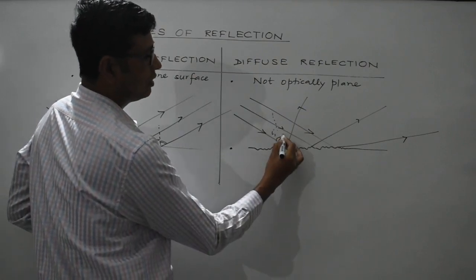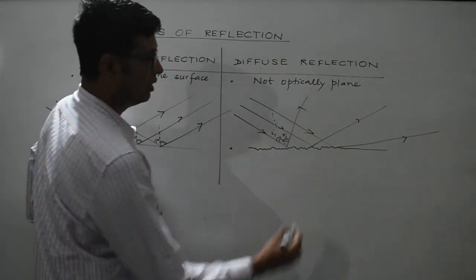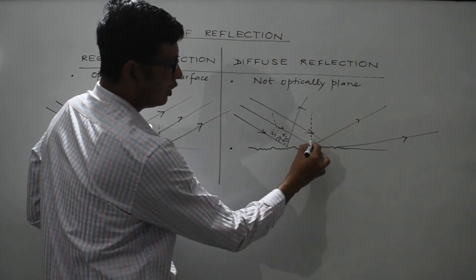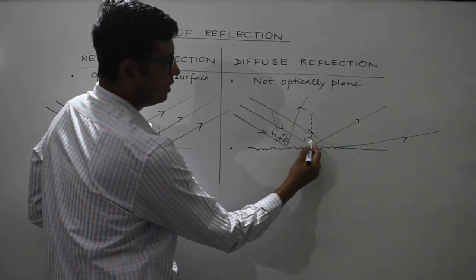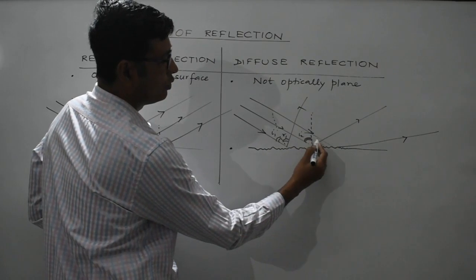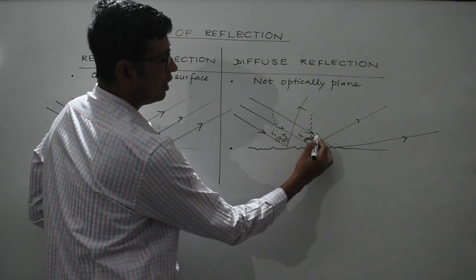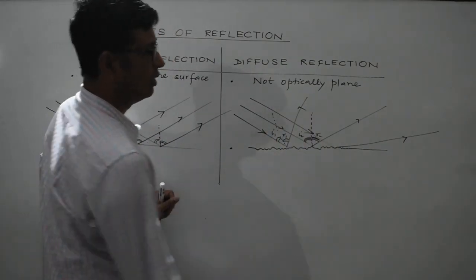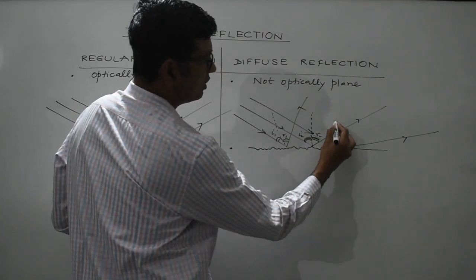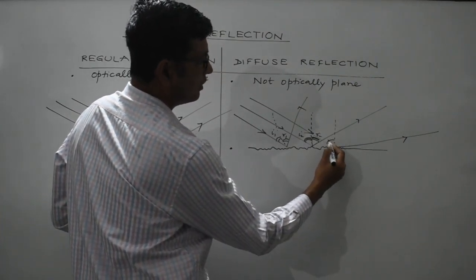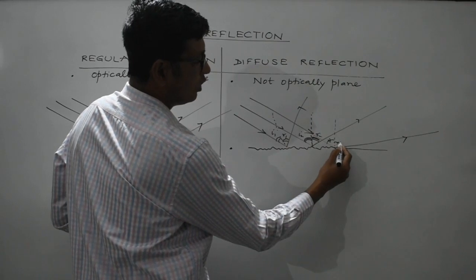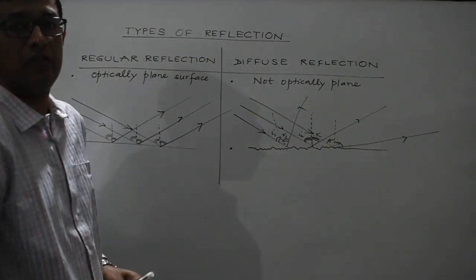This is I1, this is R1. I1 would be equal to R1. Over here, the angle of incidence will be different. This is I2, this is R2. These two angles will be equal. Here again, if you draw a normal over here, this angle of incidence would be different, but the angle of incidence would be equal to the angle of reflection.